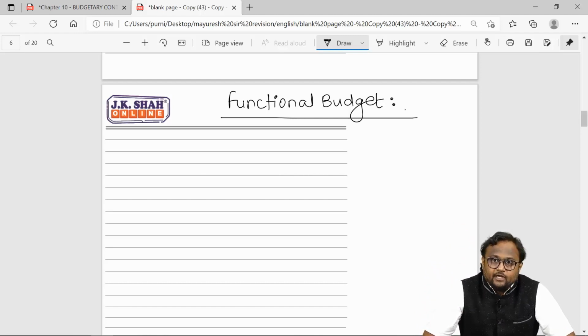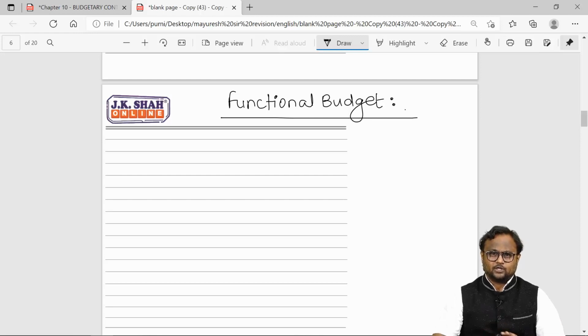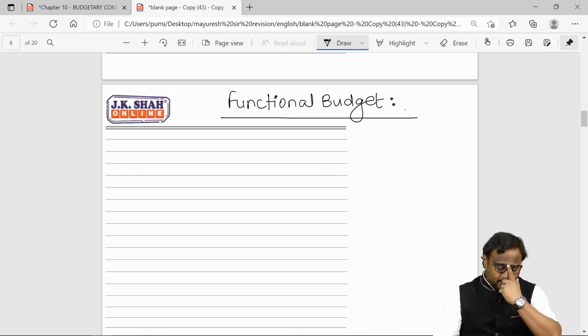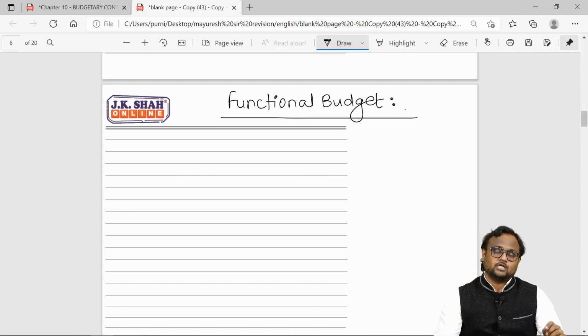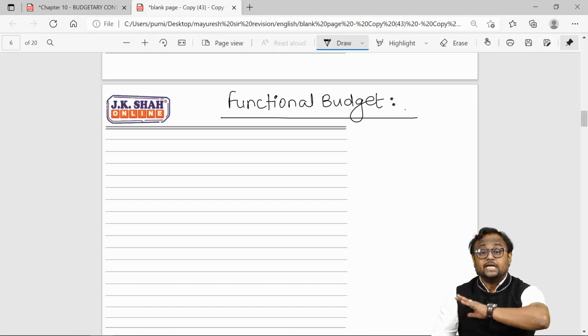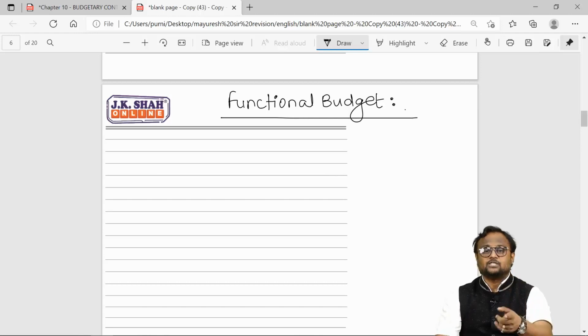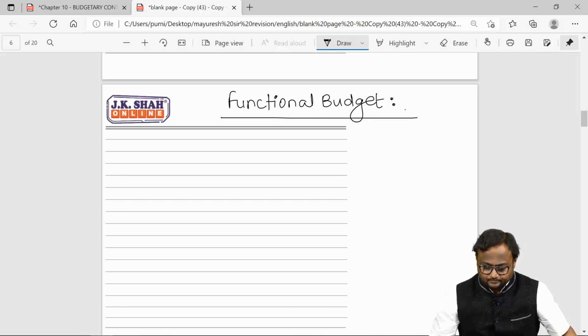I will briefly explain the entire method of functional budget first, then you try to implement it in other questions. 99% of questions on functional budgets can be solved with the help of that one chart that I am going to give you now. Trust me, that one chart is more than enough to crack 99% of questions of this type. 1% will also be covered later. So, entire 100% will be covered, don't worry.